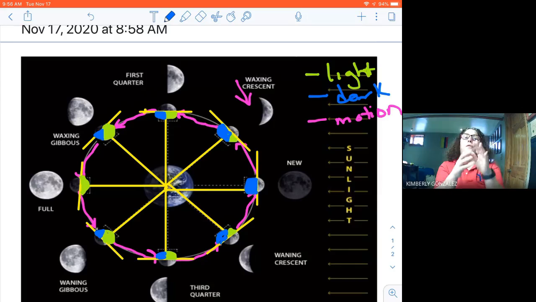So as you go from the new moon phase to the full moon phase, the light of the moon seems to be on the right side. As you go from the full moon phase to the new moon phase, the light on the moon seems to be on the left side. There's a major reason behind that, and I'm going to show it to you in a second when you guys are ready. Just let me know when you guys are ready.